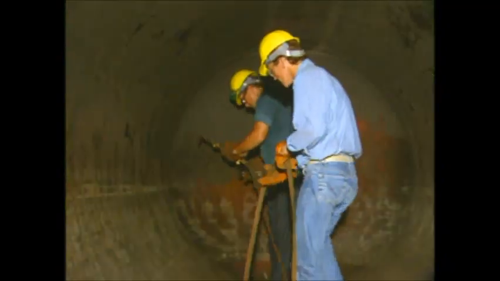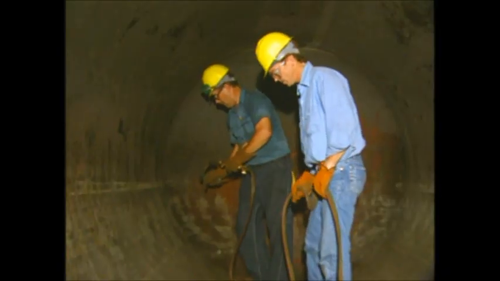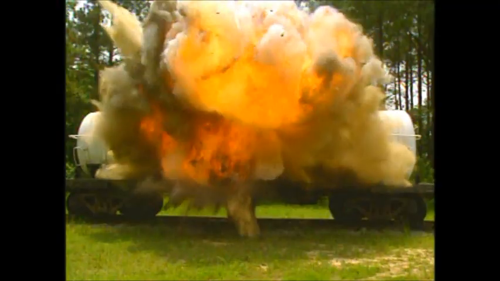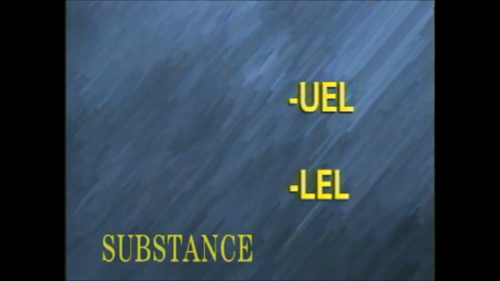Usually there will be a lower explosive limit, or LEL, and an upper explosive limit, or UEL. Any concentration of a substance in air between these figures can produce an explosion when an ignition source is present. Any substance with a concentration above the UEL or below the LEL is less likely to ignite.